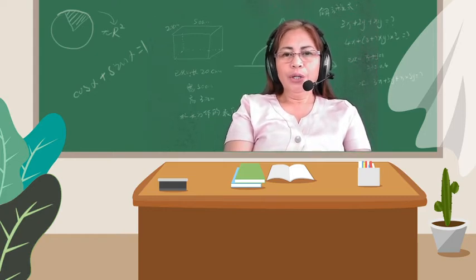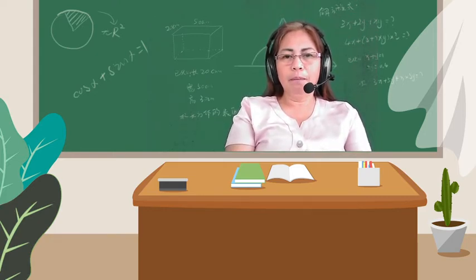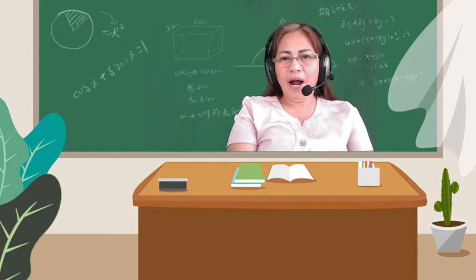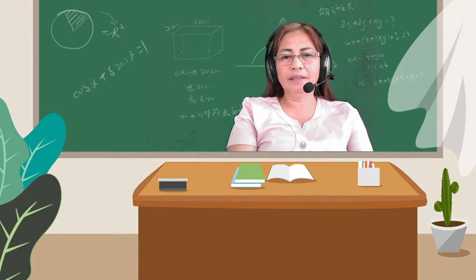Or you can move the decimal point to the right two times or twice, then remove the decimal point and replace it with a percent symbol.